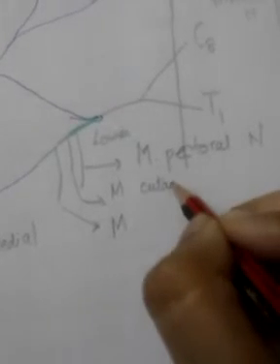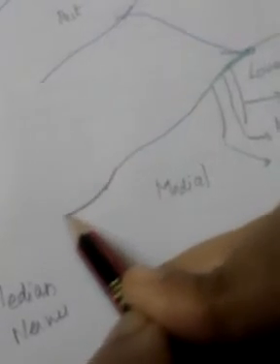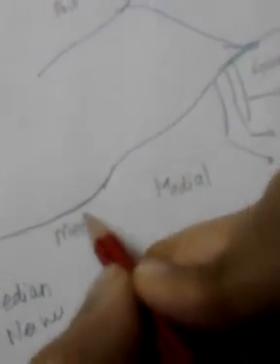Medial cutaneous nerve of arm, and the medial cutaneous nerve of forearm. Then this forms the medial root of the median nerve, and here it gives rise to the major ulnar nerve.